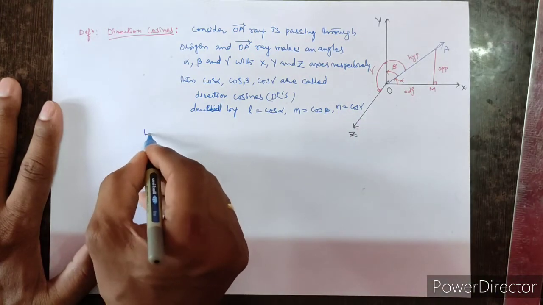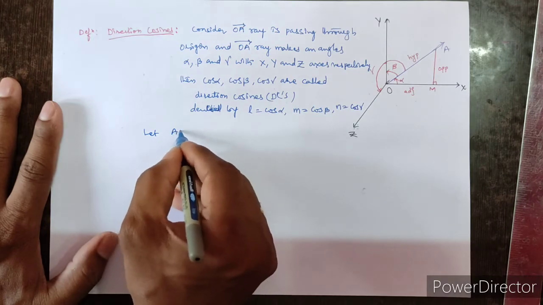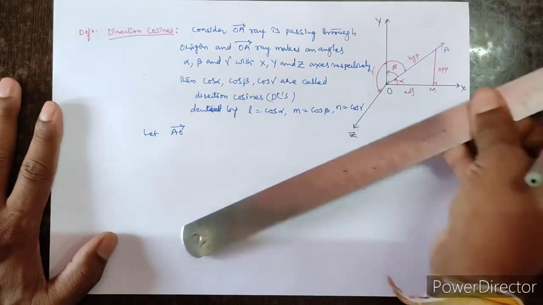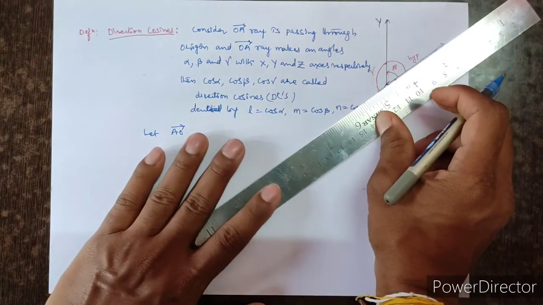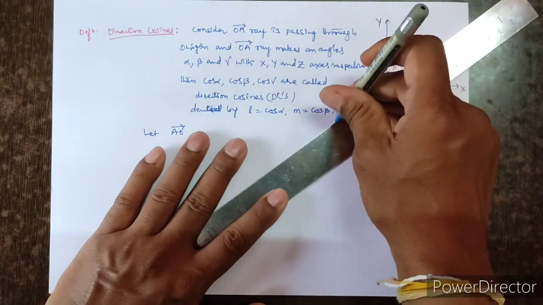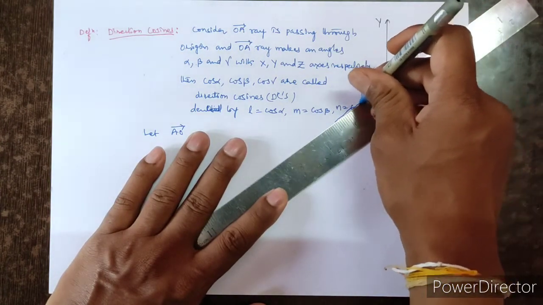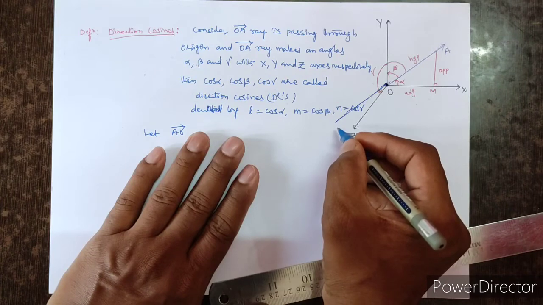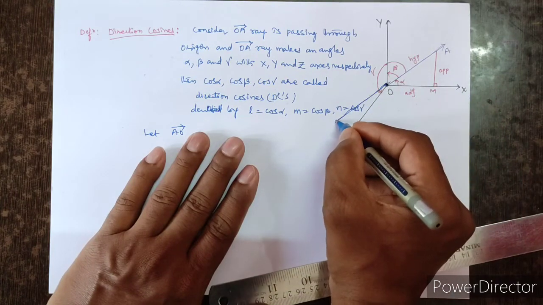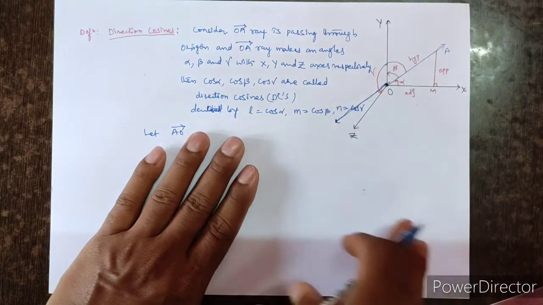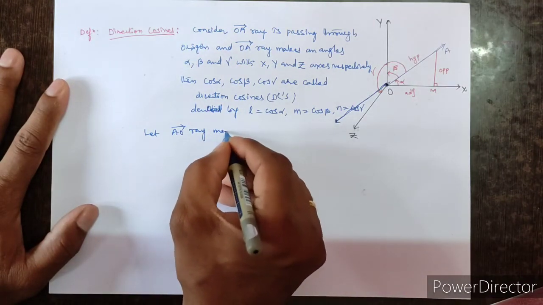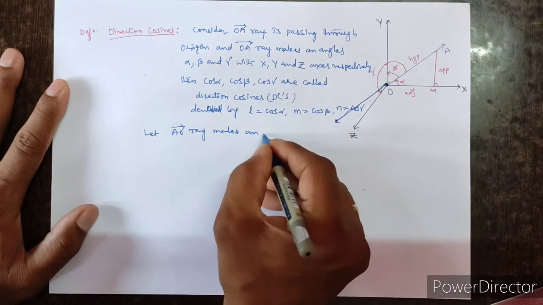Let AO, of course, AO is nothing but the extension of OA. This AO ray makes angles.